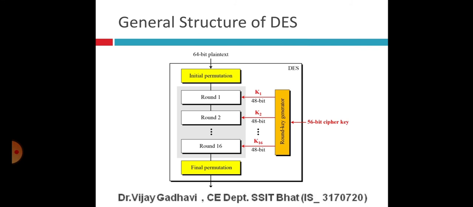Then the process starts with the 64-bit plain text, then initial permutation, then we apply round 1 using key 1, 48 bits, round 2, and so on up to round 16. In round 16 we use K16, a 48-bit key, and then finally the final permutation, and you get the output as a 64-bit ciphertext.